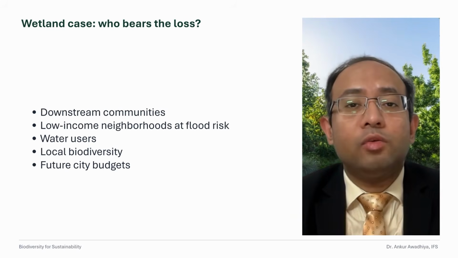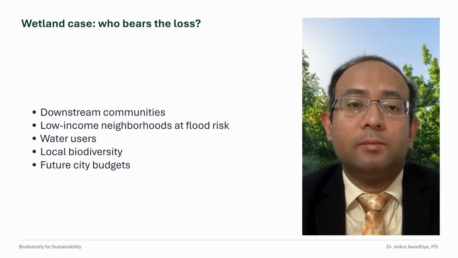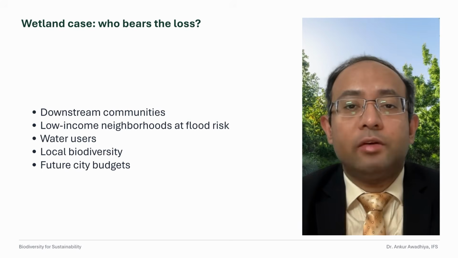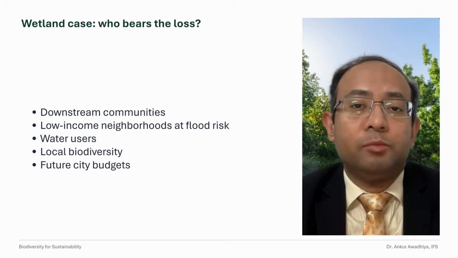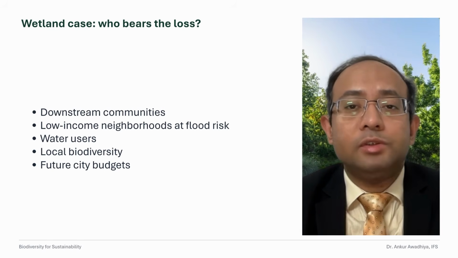The distributional question is also very clear here. Downstream communities may face higher flood risk. Low-income neighborhoods, often in lower lying areas, may be especially exposed. Water users may face higher treatment costs. Local biodiversity loses its habitat.